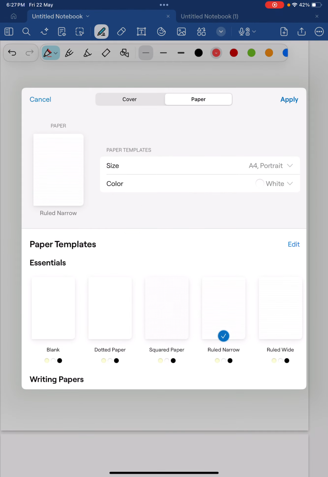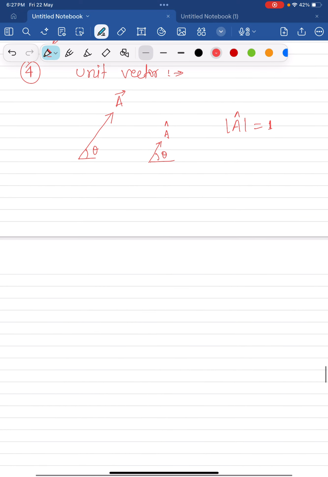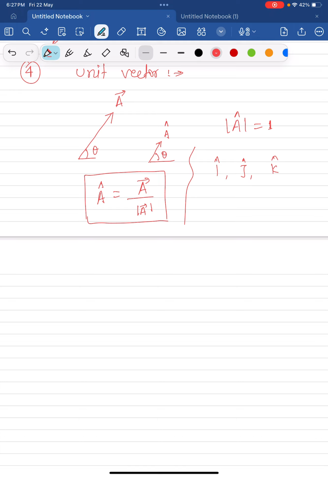We can write the unit vector of any vector as the vector divided by its magnitude. And i cap, j cap, k cap are the standard unit vectors for the x-axis, y-axis and z-axis.